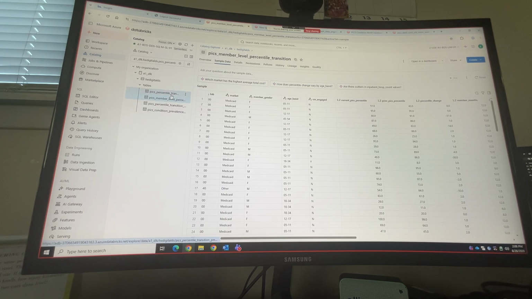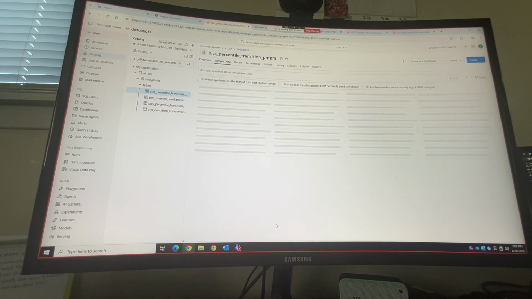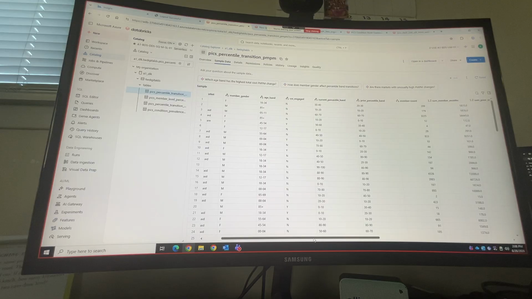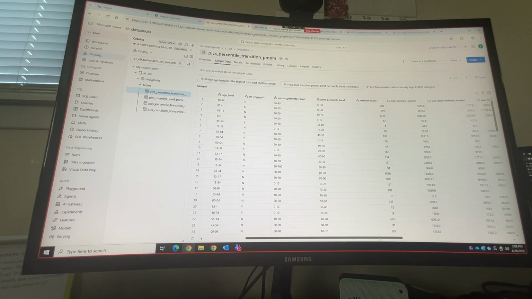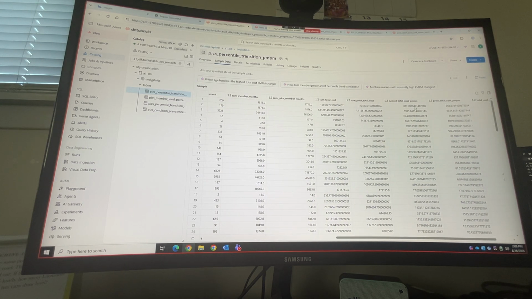It's still the same thing. Yeah, this is PM. Okay. Current percentile, prior percentile, member count, member month. That's good. And we can also have the PM costs.